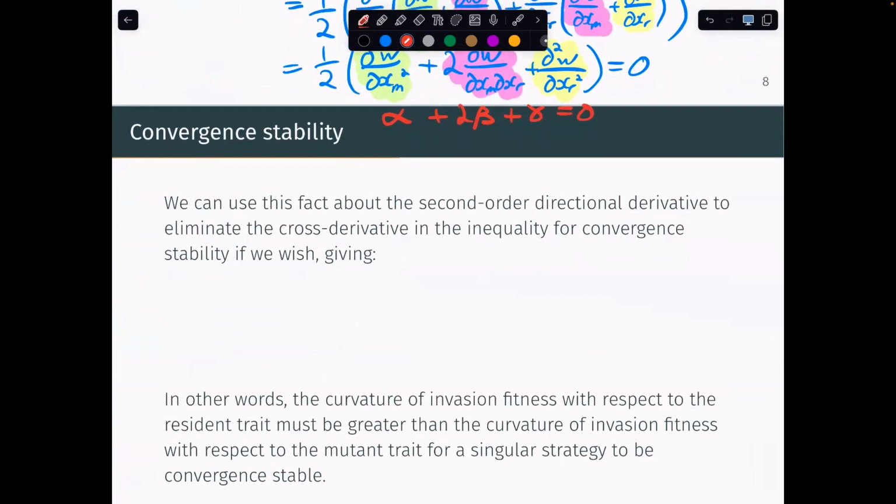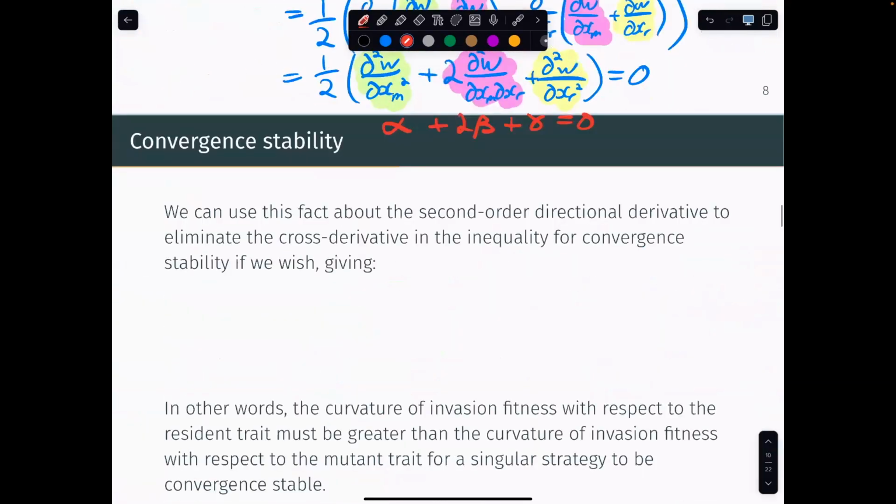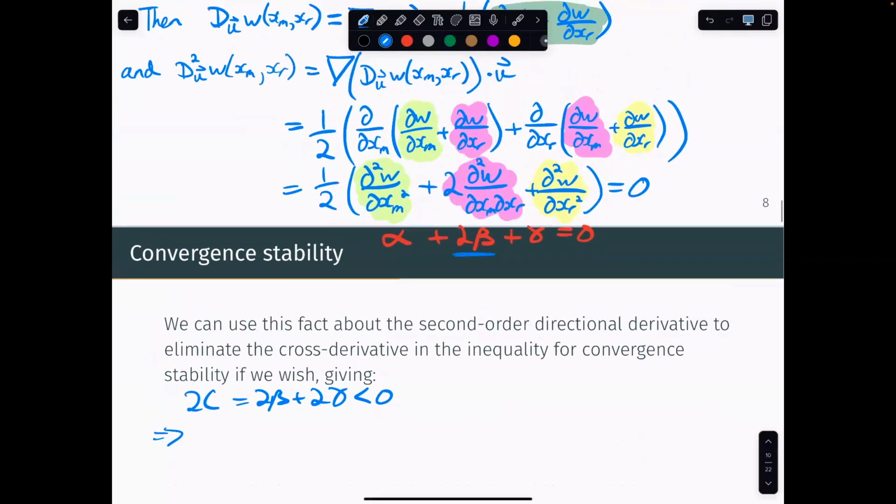If we just double this first one up here, so multiply this by 2, we'll get 2c is going to equal 2 beta plus 2 gamma. And that has to be negative for us to be convergent stable. We can then substitute in from this equation here, 2 beta is going to be equal to minus alpha minus gamma.